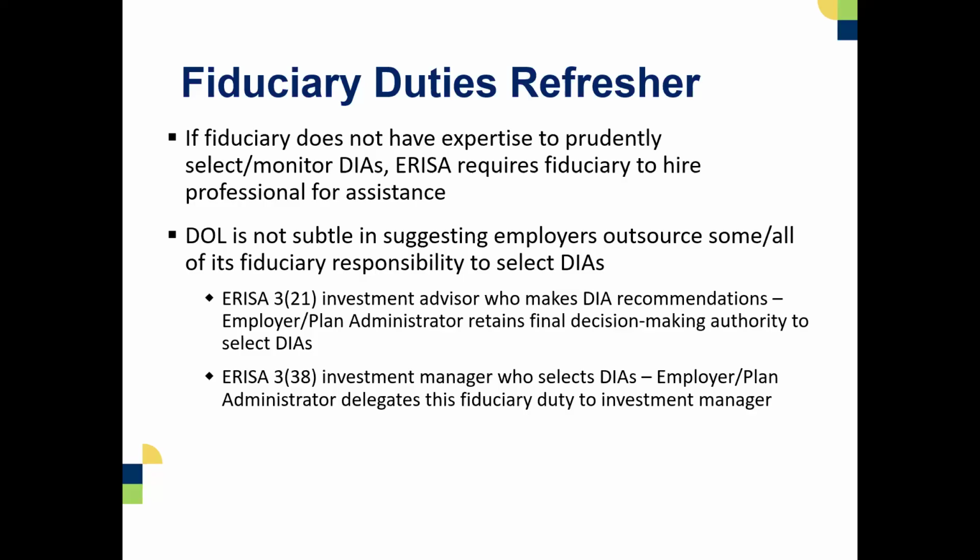And so that 321 investment advisor makes the recommendation, but it is that employer plan administrator that still retains the final decision making authority to select the plan's investment. So I'm an outside advisor, 321 advisor. I say, I recommend you put this fund in your plan. The employer slash plan administrator still has to either accept my recommendation or reject it. So that employer plan administrator still retains that final decision-making fiduciary authority with respect to the plan's designated investment alternatives.